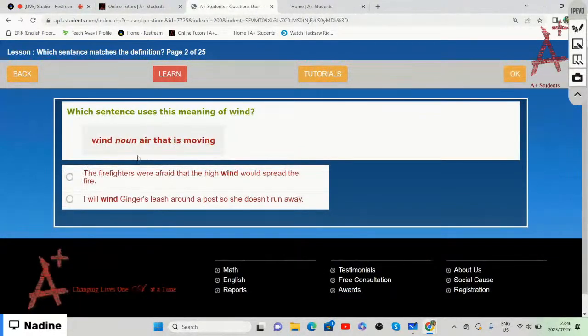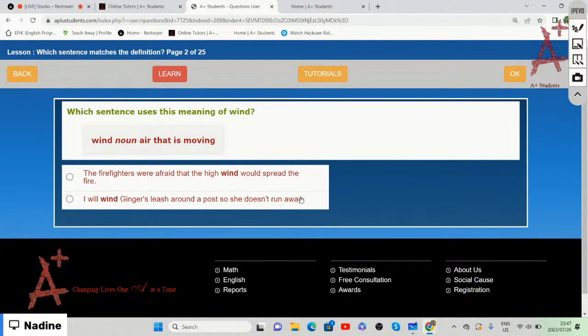Then wind, a noun, which is the air that is moving, and we said it has to do with the weather. The firefighters were afraid that the high wind would spread the fire, which is option one. Or option two, I will wind Ginger's leash around a post so she doesn't run away. That means to wrap a leash or a rope around a pole so that a dog or a pet doesn't run away.